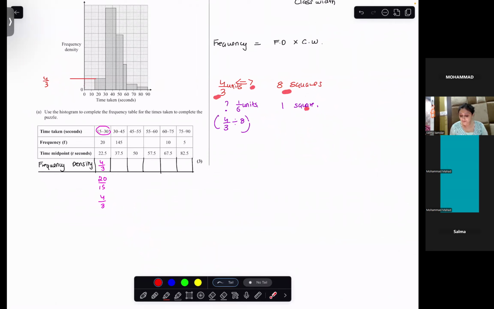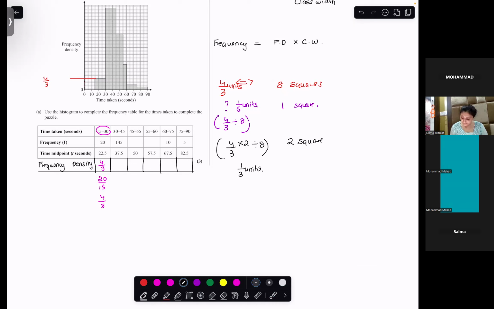So 1 square would represent how many units? 1 by 6. So every 2 squares would represent how many units? It would be 4 by 3 into 2 divided by 8. So every 2 squares would represent 1 by 3 units.